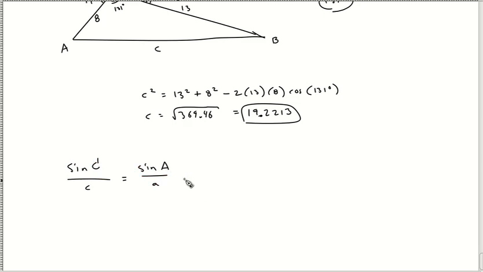Sine of A over a. So I got sine of the 131 over the 19.2213 is equal to sine of A, which I don't know, over 13. Solve for A, so multiply it over, arc sine.